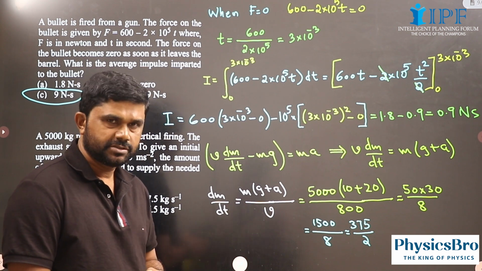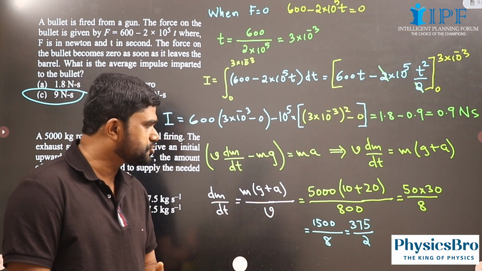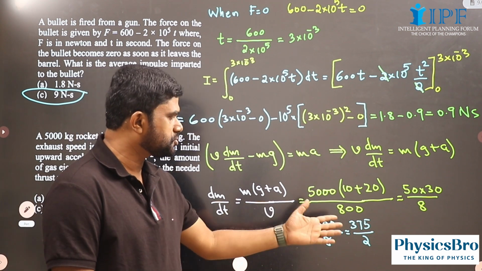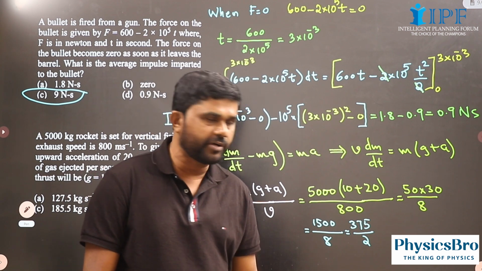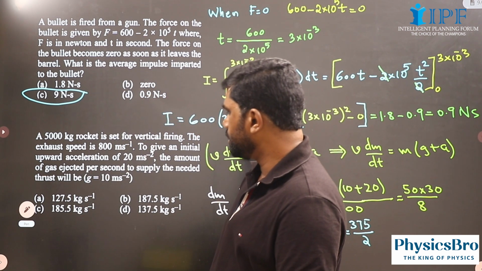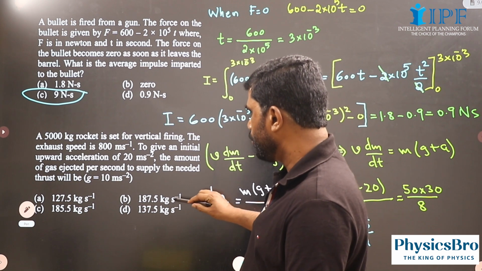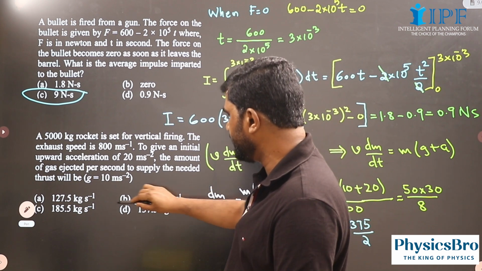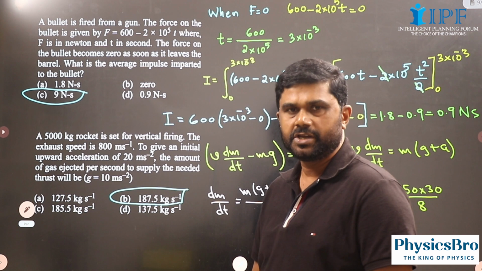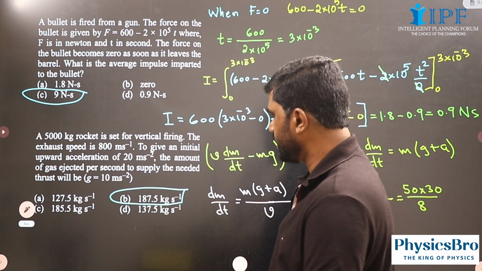Mass is 5000, g is 10, acceleration is 20, and velocity is 800. So we will get 375 divided by 2, which must be 187.5 kilogram second raised to minus 1.